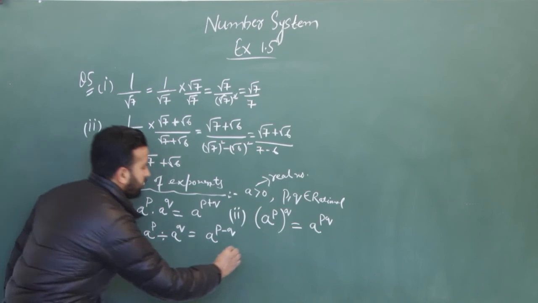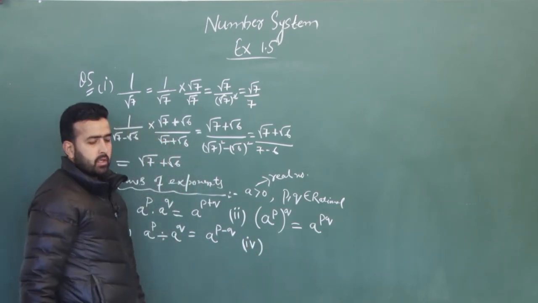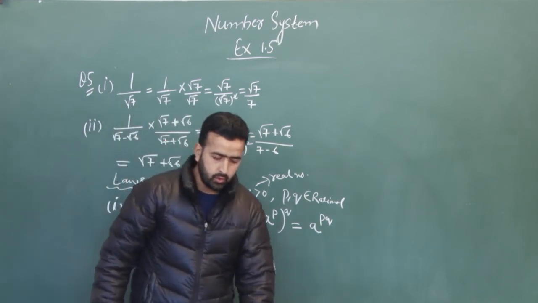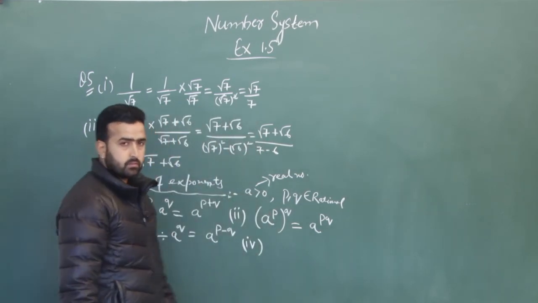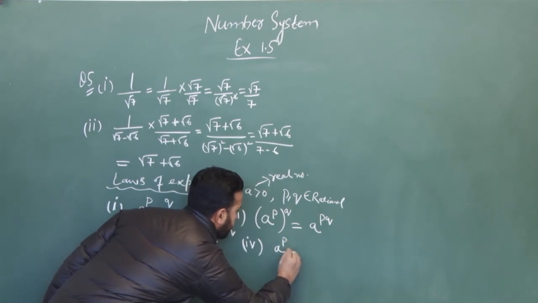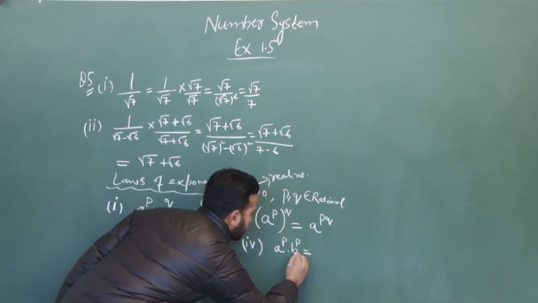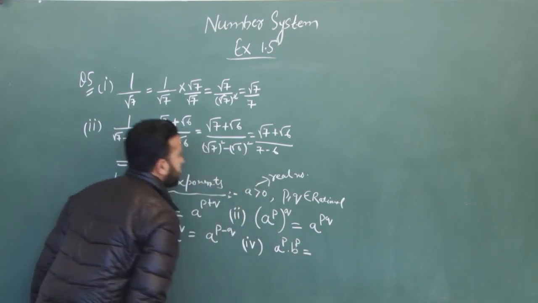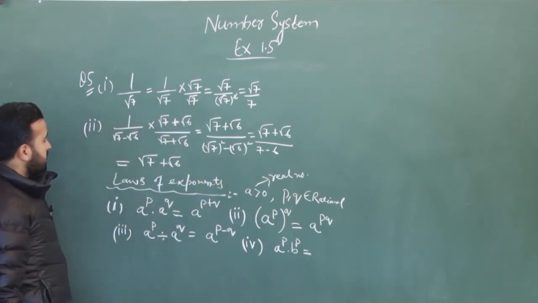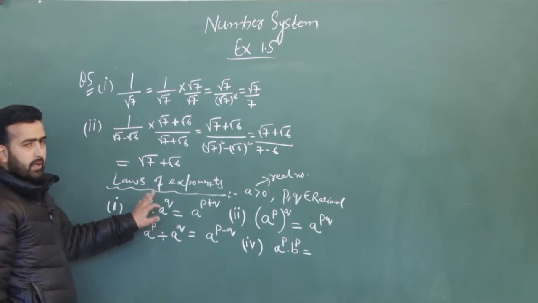Then fourth one, if we have two real numbers, a raised to the power p and b raised to the power p. In the first three laws, we used a as the base and p and q as the powers.